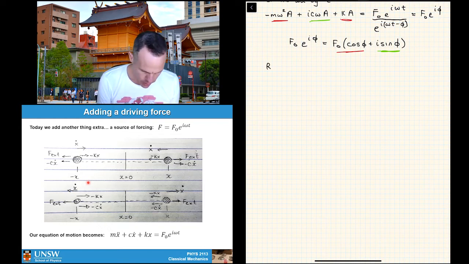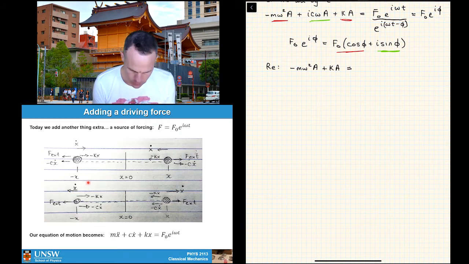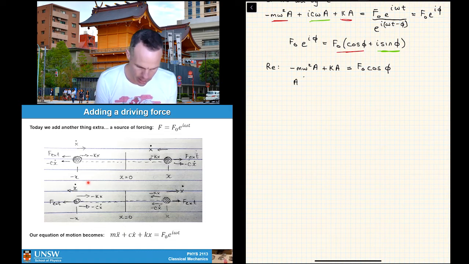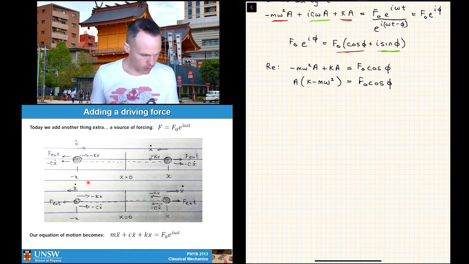So our real terms over here are going to be minus m ω² A plus kA is equal to F₀ cos φ, and we can write this term out the front here as A(k − m ω²) and get something that looks like this, okay?